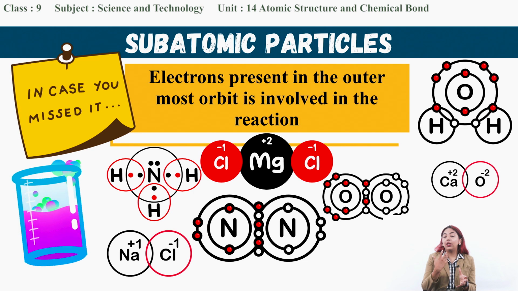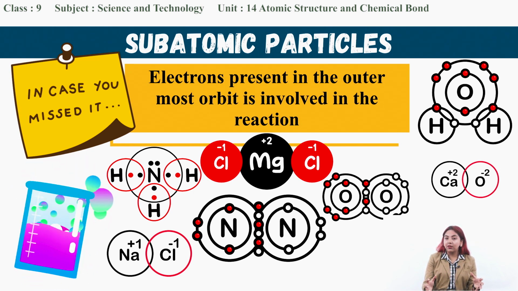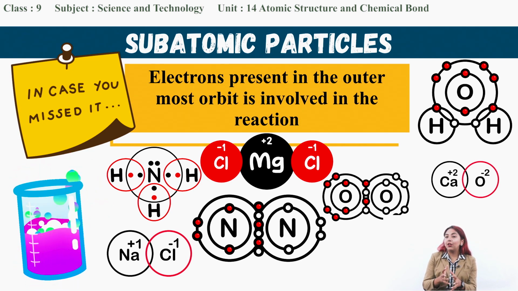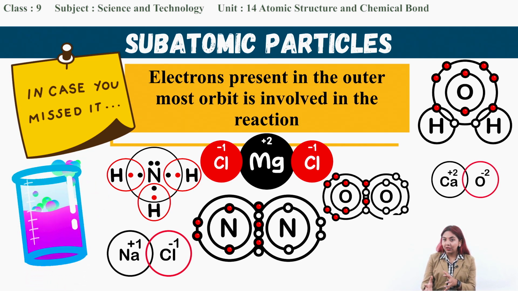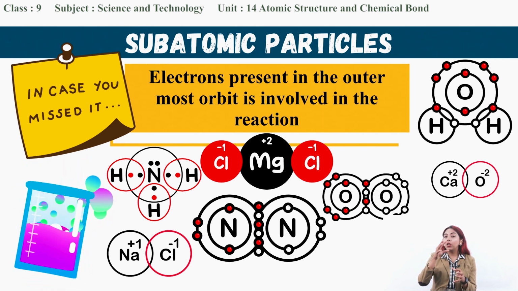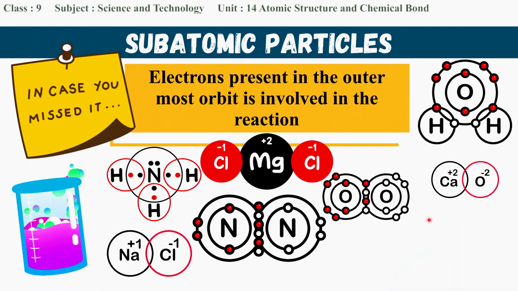Since there is not enough energy to dissociate the nucleus into its subatomic particles, the protons and neutrons cannot take part in the chemical reaction. But the electron present around the nucleus can readily take part in the chemical reaction.